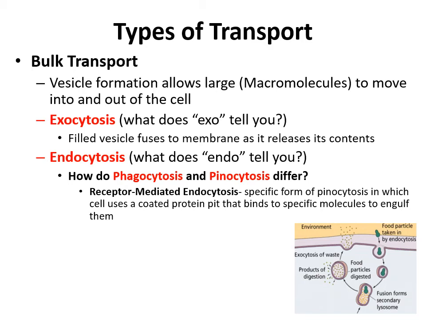So they need receptors specific to that because they don't want to take in regular milk. Okay, so make sure you're comfortable with what the terms exo and endocytosis mean, the difference between phagocytosis and pinocytosis. And keep in mind, receptor-mediated endocytosis is just a specific type of cell drinking.